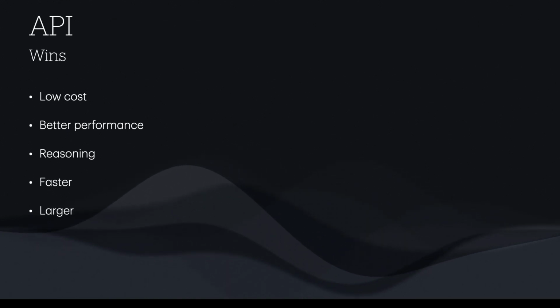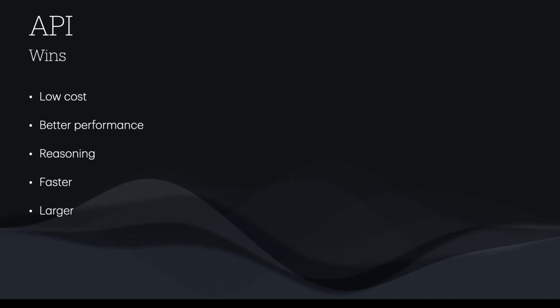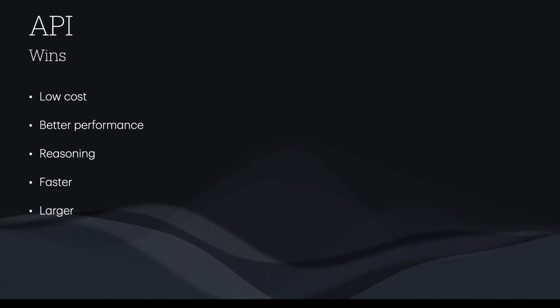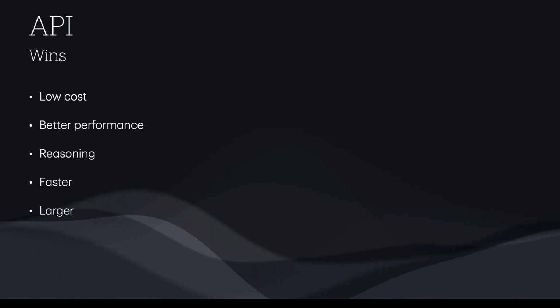When you're running this API, you can run multiple queries and larger models. It won't depend on your machine. You're not maxing out your GPU and your hardware, and you're getting better performance on your Mac or PC, and you're getting the benefit of AI.